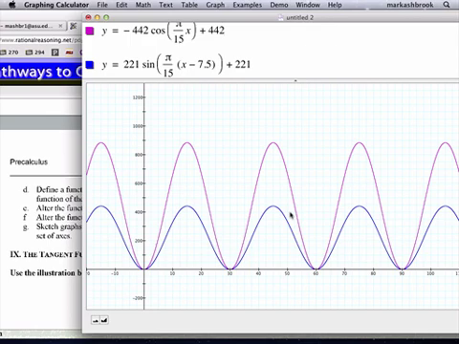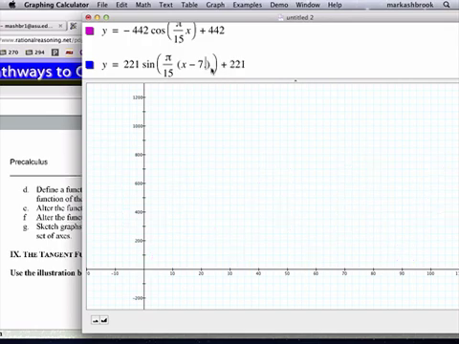For C, why is the amplitude the sine curve? Because there's lots of ways to do it. I started by saying let's just graph it positive.